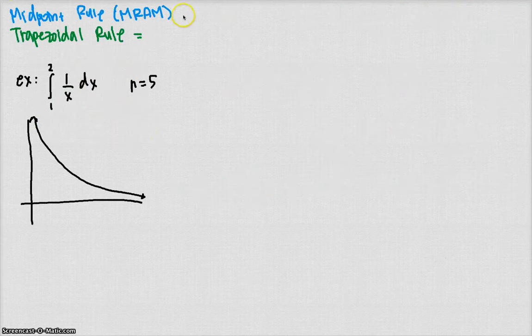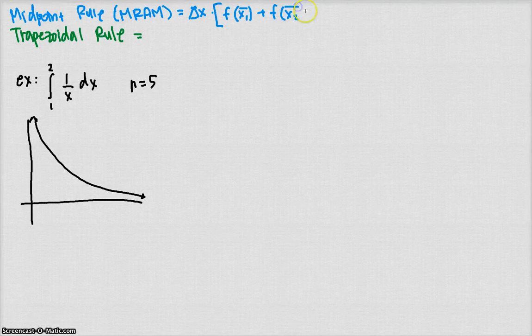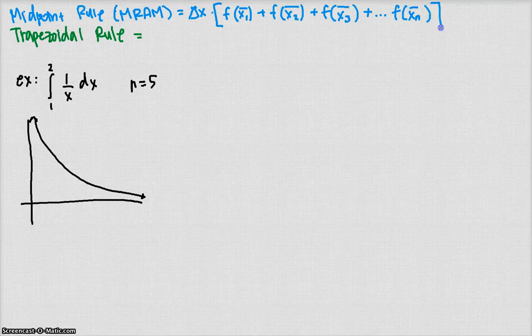So let's sum up here. The midpoint rule, or the MRAM, took the sum of all the rectangles. It's a sum of a bunch of rectangles, for which the base was delta x, and it's the same for every single rectangle, so I can factor that out. And then I get f of x sub the midpoint of the first rectangle, plus f of x sub the midpoint of the second rectangle, plus the midpoint of the third rectangle, up until the midpoint of the nth rectangle, right?